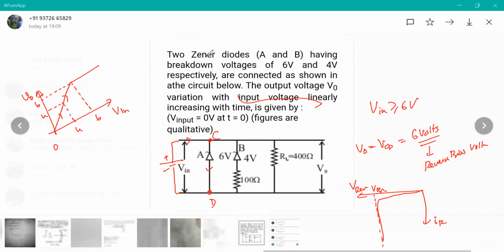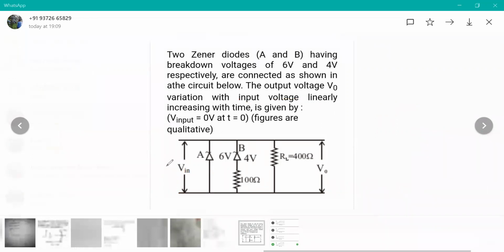Okay, so between 4 and 6, let me explain what's happening again. When this input voltage is greater than 4 but less than 6, this is in breakdown mode, whereas this is still not conducting.